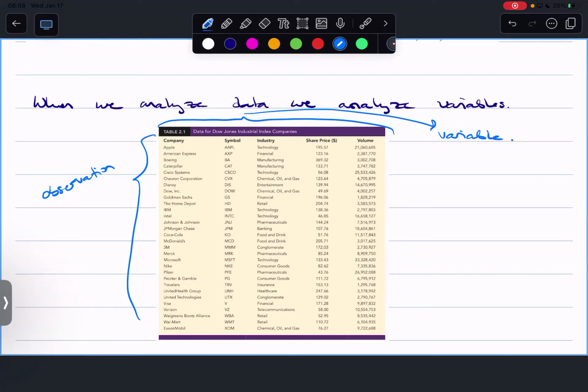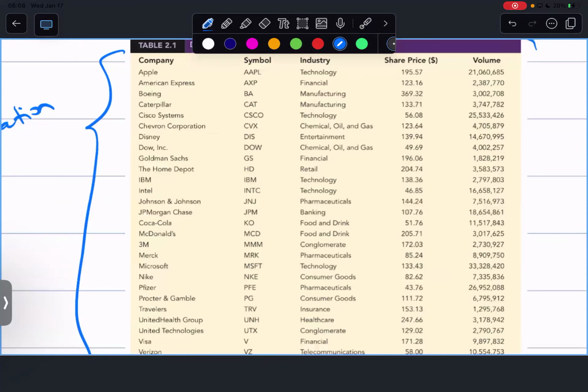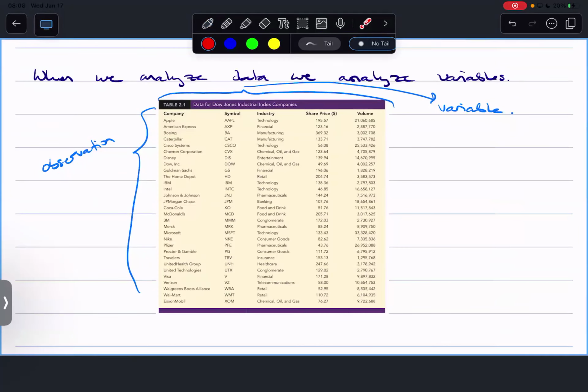In this case, the observations have unique names, so that's nice. Often what we'll do is if we don't have unique names or if we have removed names from the data set, which is very common, then we add an observation number. But I don't count the observation number as a variable because we've just attached it for ease of reference. It doesn't do anything.